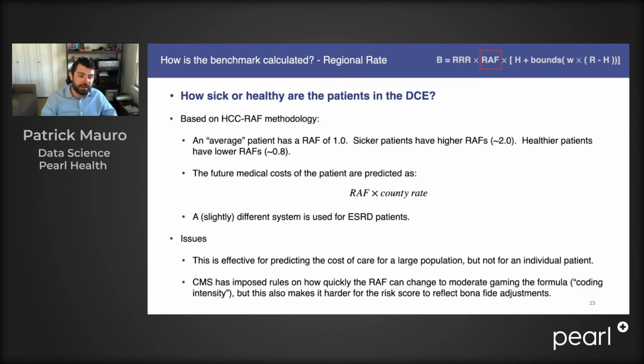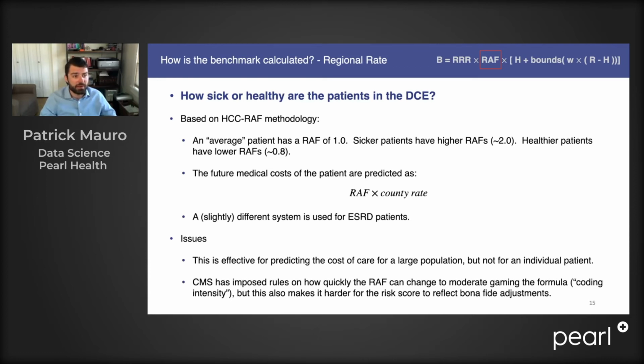One big note here that we're looking at at Pearl and coming up with guidance on is that CMS has imposed rules on how quickly the risk adjustment factor can change. Because if you increase your risk adjustment factor, you increase your benchmark, and so it's a little bit easier to generate shared savings. Now, this is a problem that's been common in these ACO programs in the past. And so they're imposing rules very similar to the rules that were used in the Affordable Care Act. But CMS also fully acknowledges that in these shared savings programs, like direct contracting, people are going to be looking at these risk scores with more scrutiny.